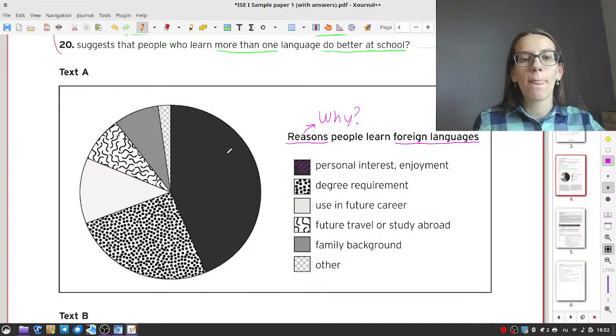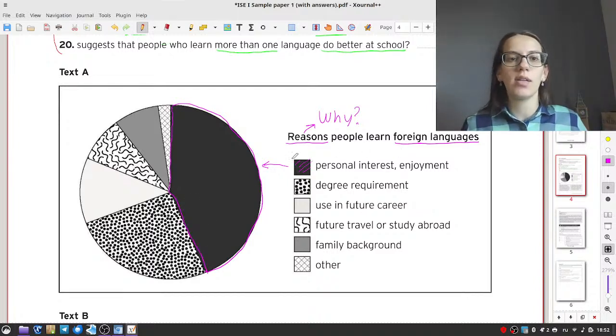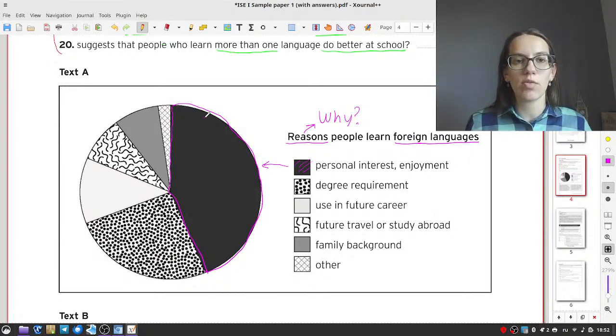And this corresponds to this part here, right? To this part here. This whole black part corresponds to personal interest. People who learn languages because they are interested or because they like to do it. Yeah, it's this part here.